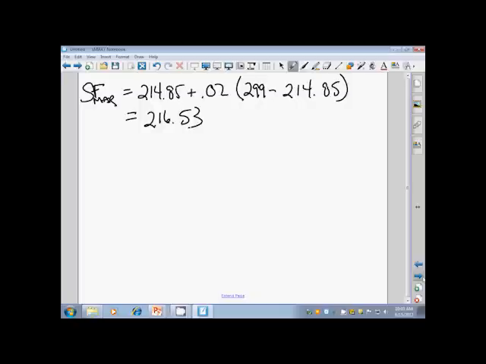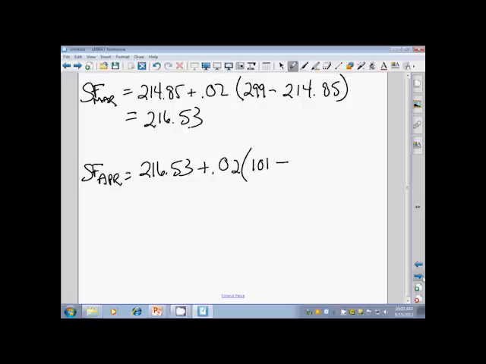Now, it doesn't ask you to do this on here, but you can actually find the smooth forecast for April, because we have the information we need. Where do we get it from? We start with our smooth forecast from March, 216.53. Add to that our alpha times the quantity, the actual forecast from March, which if you go back onto the slide was 101.